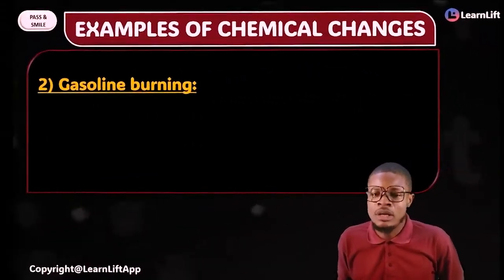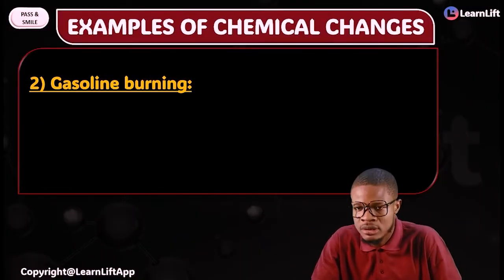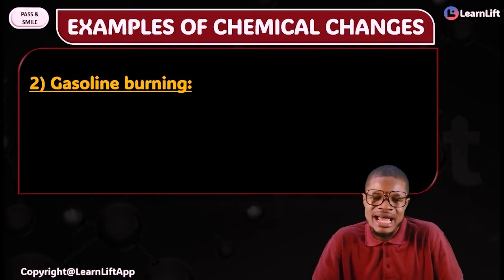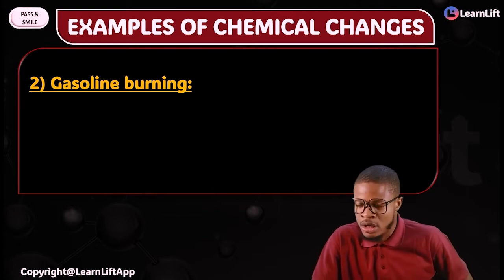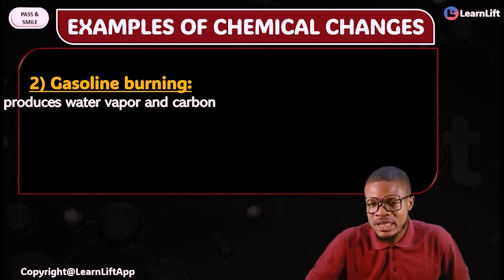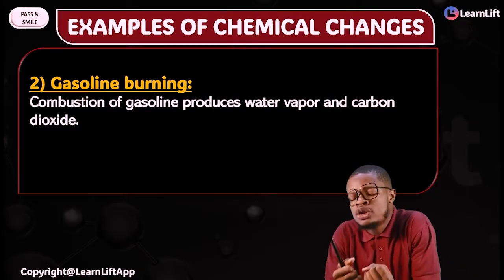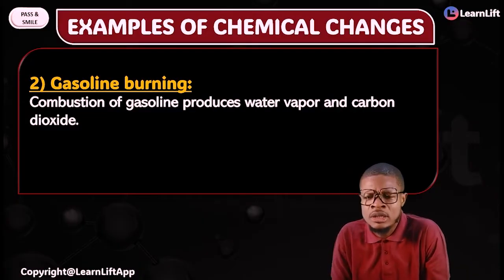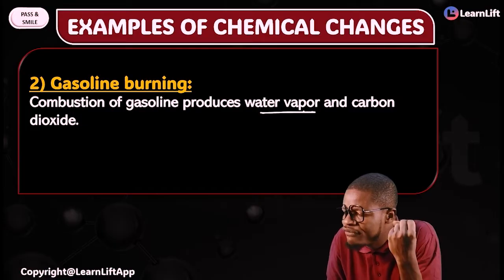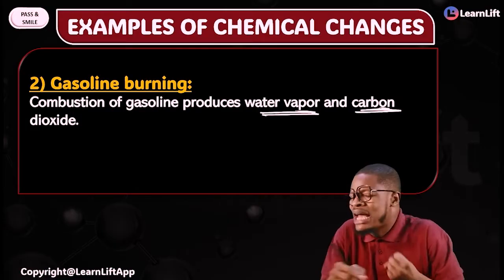Number 2 example is gasoline burning. You know your normal gasoline, like your petrol, your kerosene. What happens when you burn gasoline? Combustion is burning. So the combustion or the burning of gasoline will always give rise to water vapor and carbon dioxide.